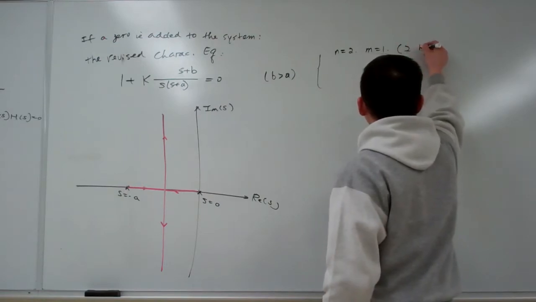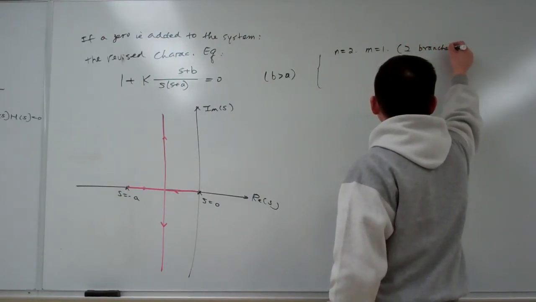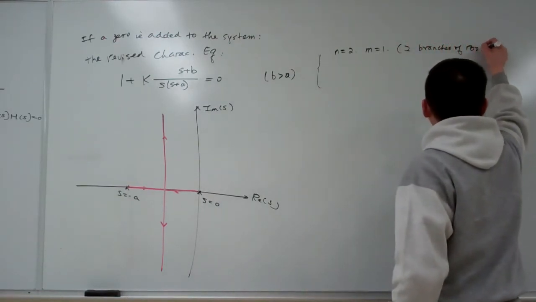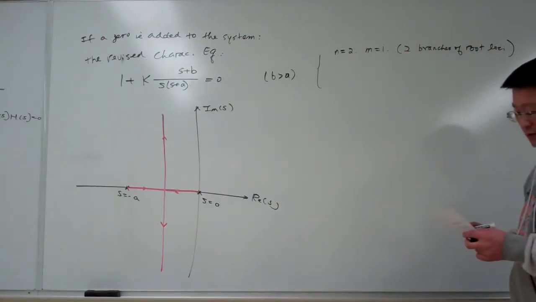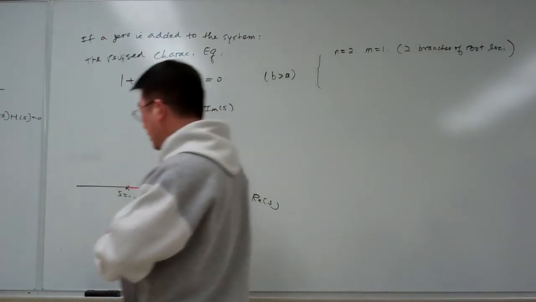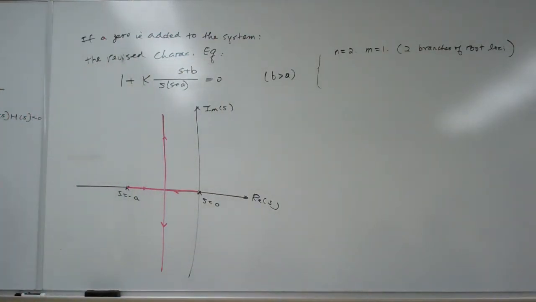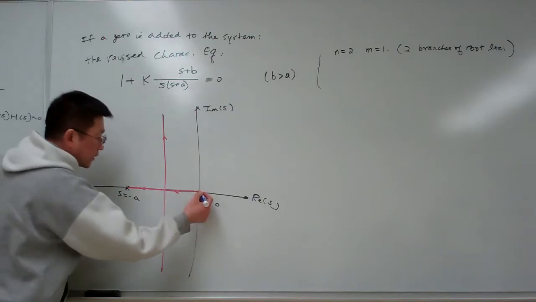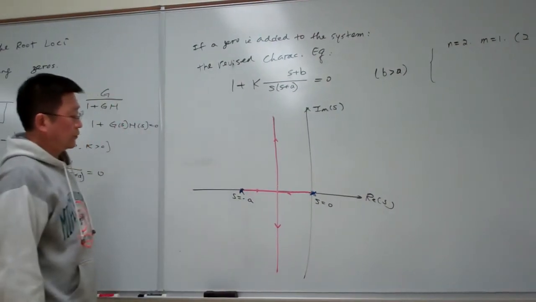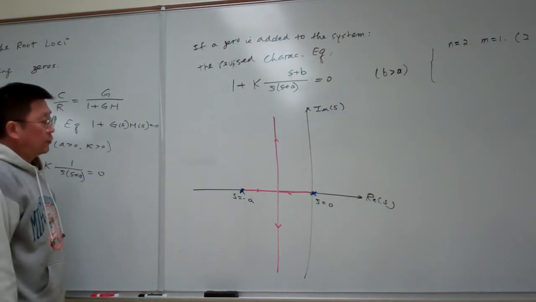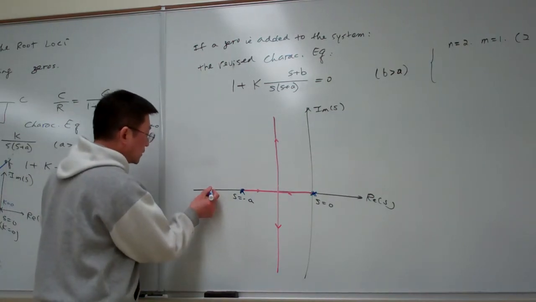So basically we have two branches of the root loci. Here let me use the blue line. That is the pole, and the 0 is here.